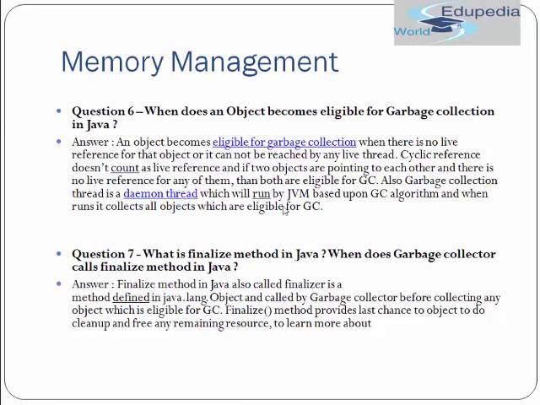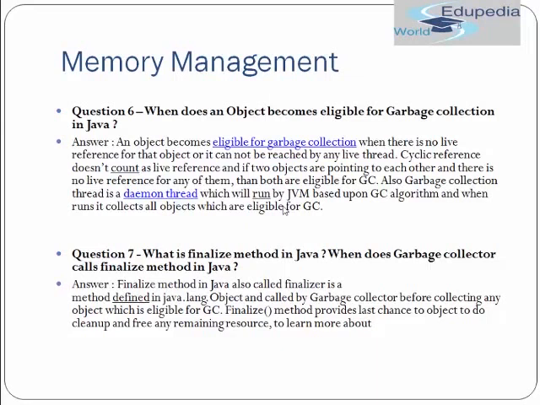It says an object becomes eligible for garbage collection when there is no live reference to that object or it cannot be reached by any live thread. A cyclic reference does not count as a live reference, and if two objects are pointing to each other and there is no live reference to either of them, then both are eligible for GC.